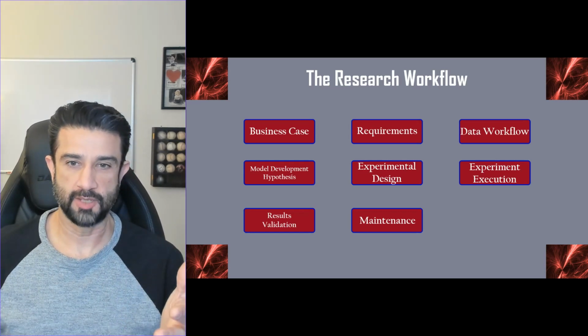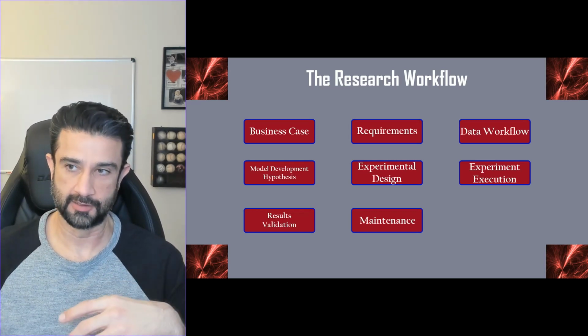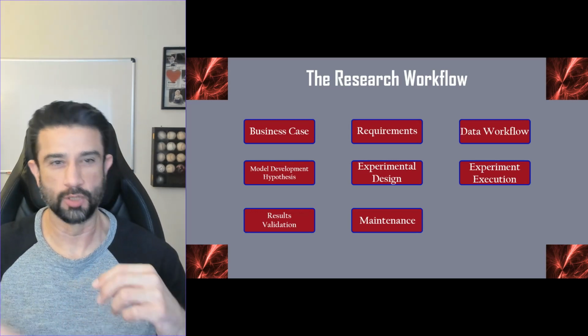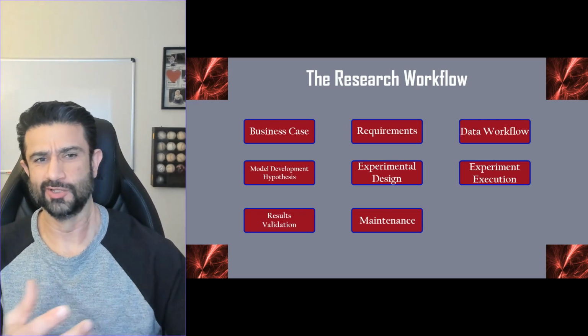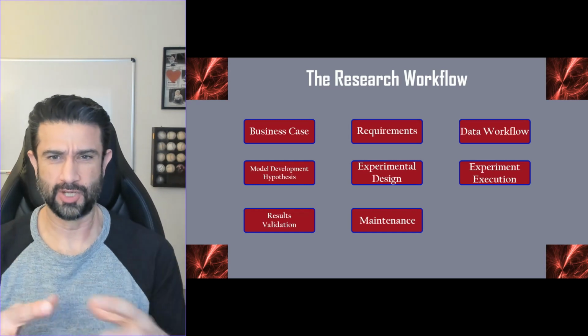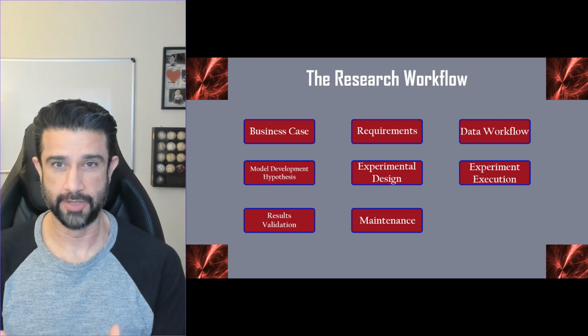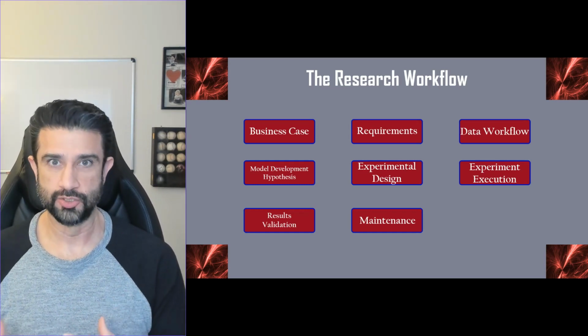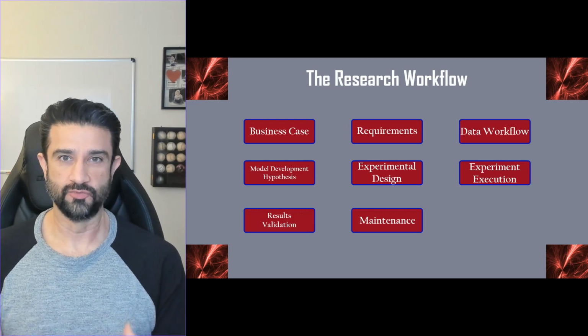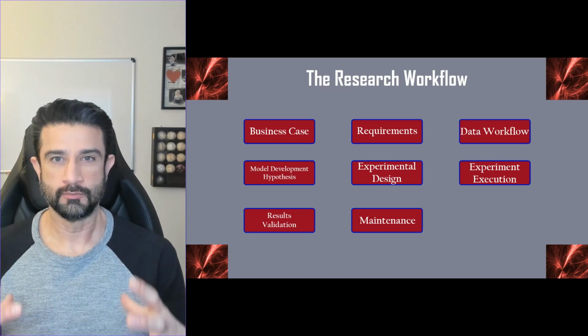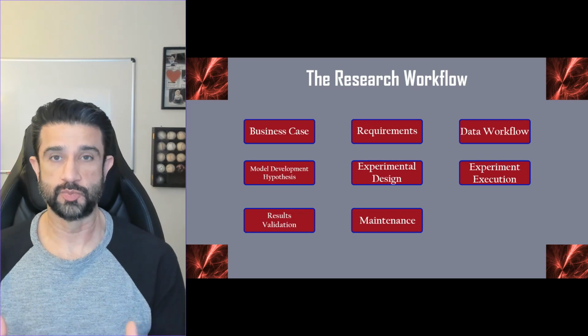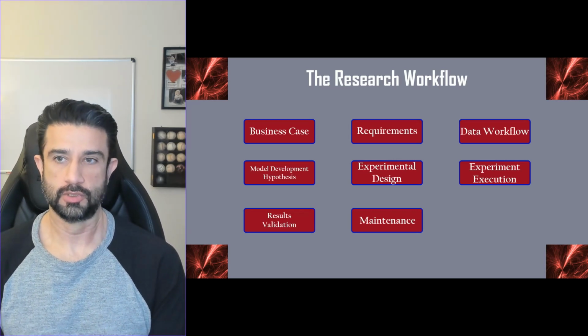Now, the next step is experimental design. This is complicated from a workflow perspective because I have to get really creative. In most cases, I can't directly observe the system that I actually want to model. And so I have to do a whole lot of indirect things and some very extensive validation in order to create an experiment that has supportable results.